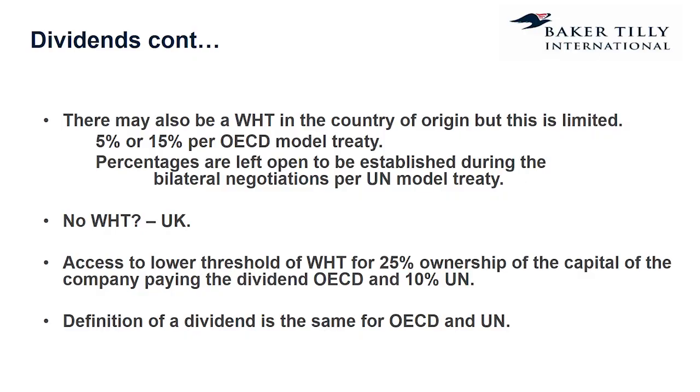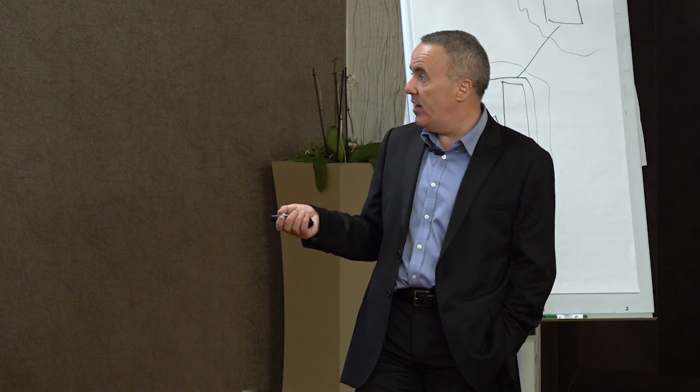Under the model treaty, generally you have quite a significant limitation on the withholding tax that could be charged on dividends when you get a dividend that's paid from that country to that country, if it is a dividend. But when you get a dividend, there are normally quite generous restrictions on what the withholding tax is. There's no withholding tax when you get a payment from the UK generally.